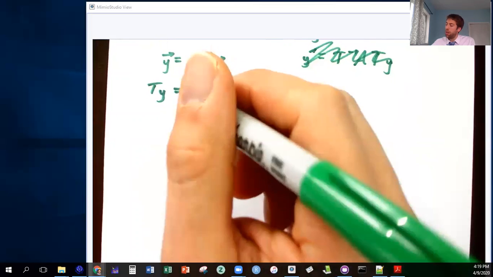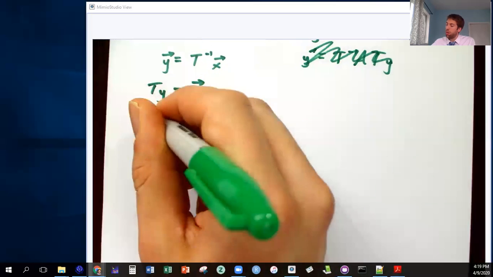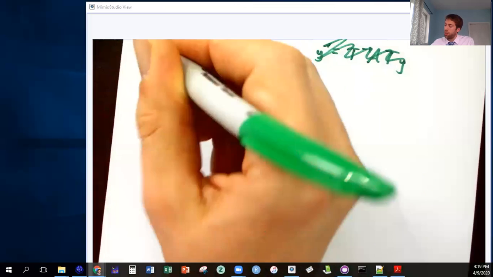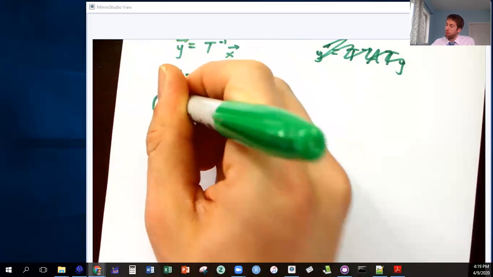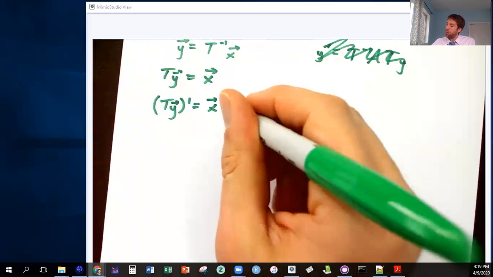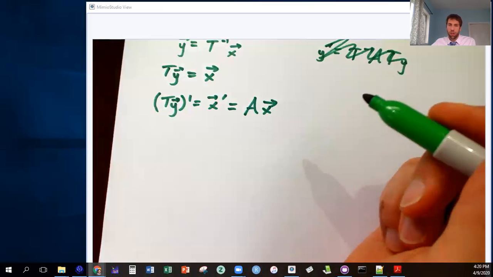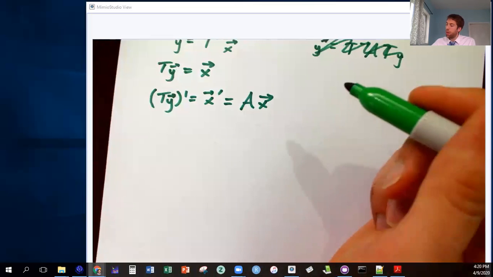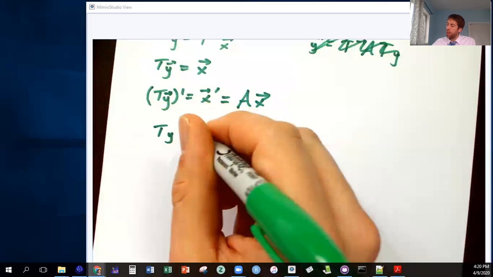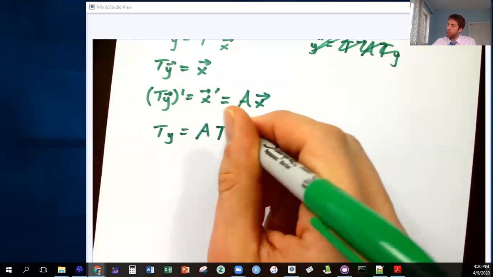And then if you take the derivative of both sides, x and y are vectors. But x prime is equal to A x. That means that T y prime equals A, and x is really T y, right?